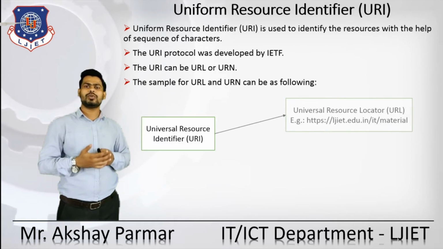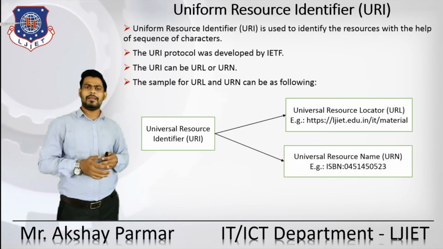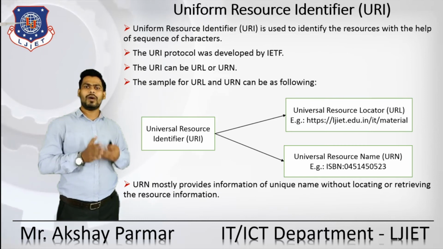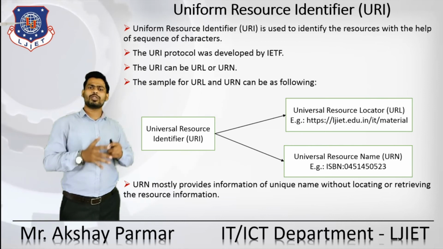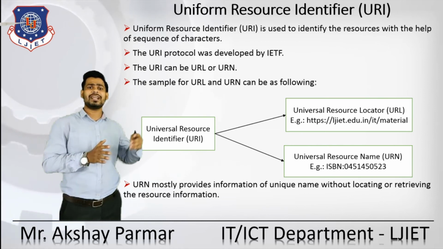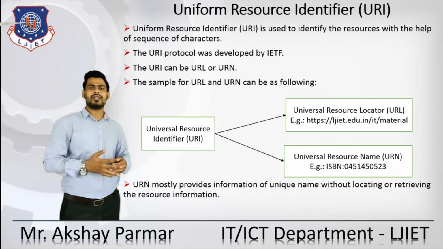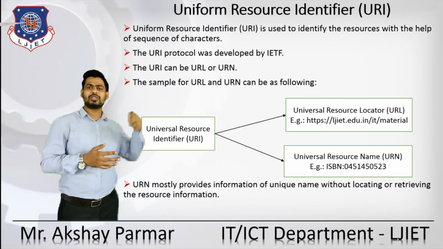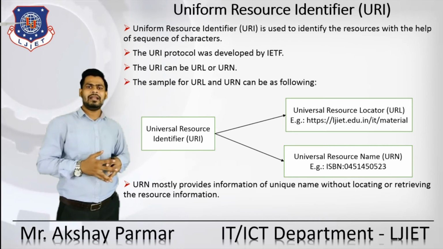The Uniform Resource Identifier is classified into two types. The first one is the URL, the Uniform Resource Locator, and the other is the URN, the Uniform Resource Name. With a URN, we mostly provide the information of a unique name without locating or retrieving the resource. When you don't require locating and retrieving the resource information, you can use a URN.